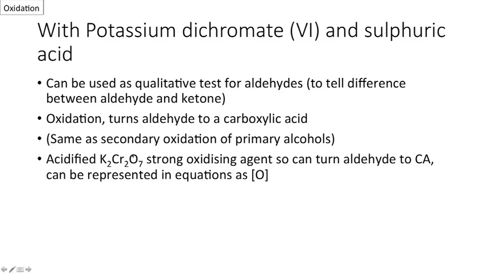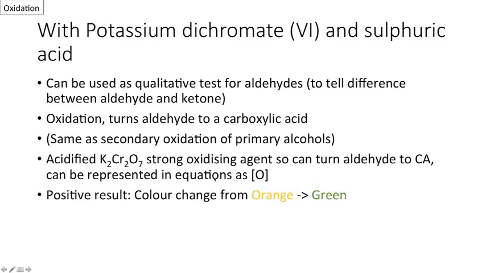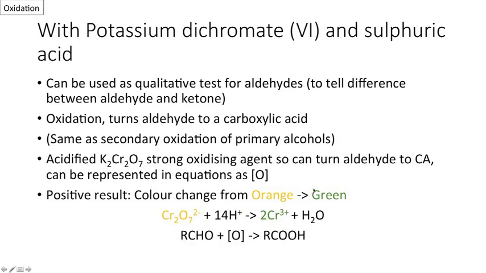Acidified potassium dichromate is a strong oxidizing agent, so it can turn the aldehyde to a carboxylic acid, and this can be represented in equations as this square bracket O, because it's an oxidizing agent. Our positive result will be a colour change from orange to green. And that's the reaction there. And remember, this will only work for aldehydes.